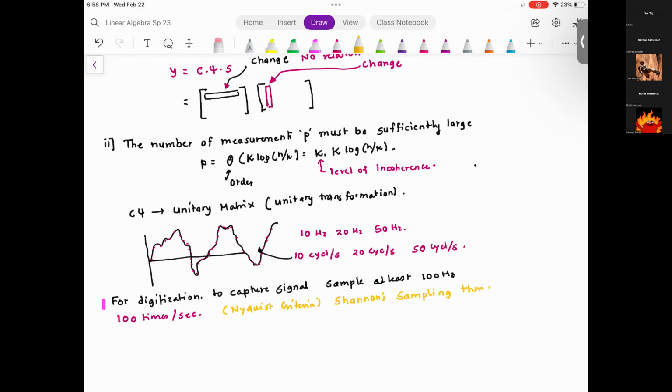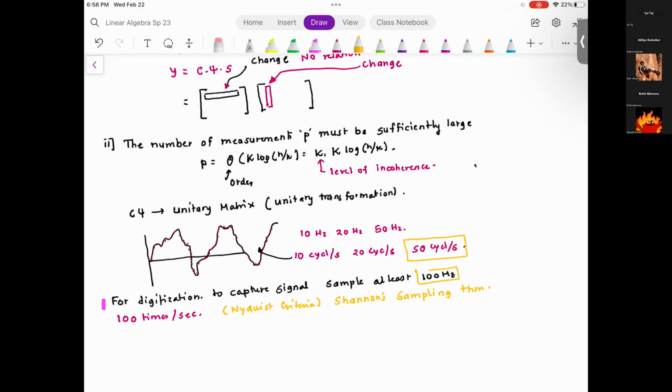Which means if you want to sample this signal, you need to be taking snapshots that are twice the frequency of the fastest signal. The fastest signal, the signal that is changing very quickly, is 50 hertz. If you want to capture this data, or convert this signal into some type of digital representation, you need to sample it at 100 hertz.